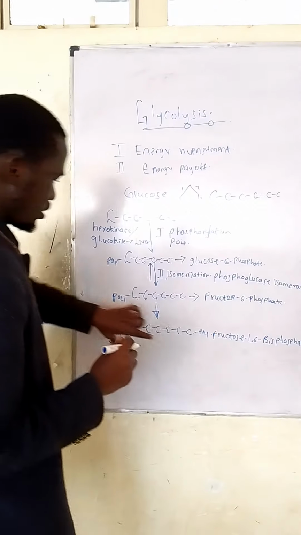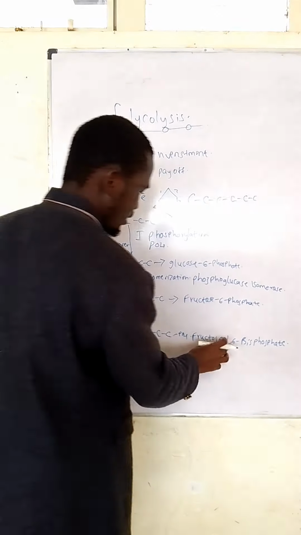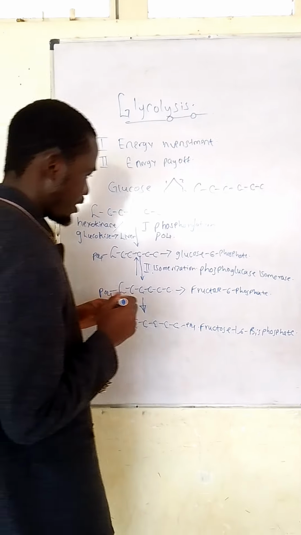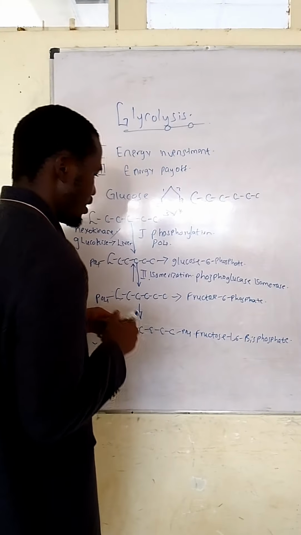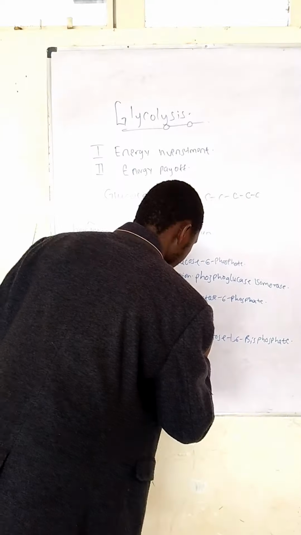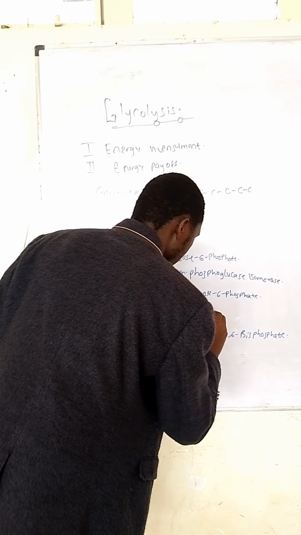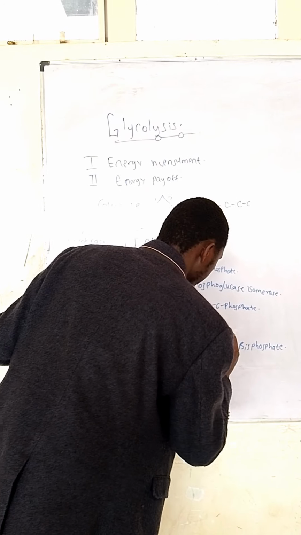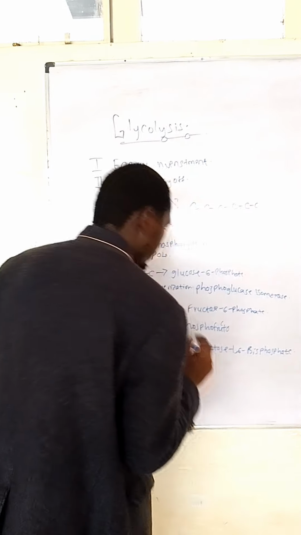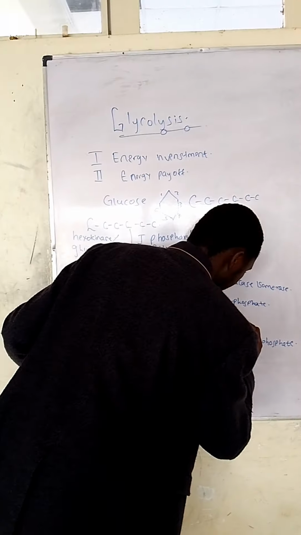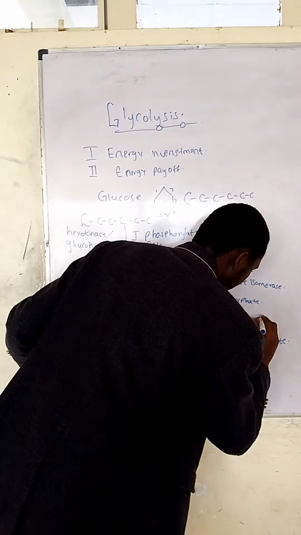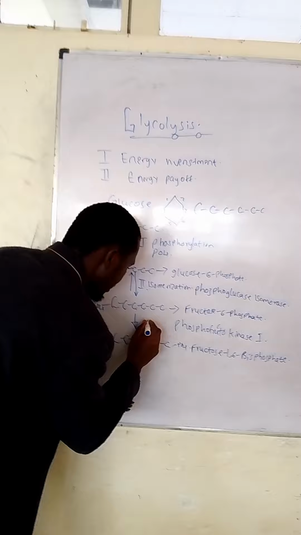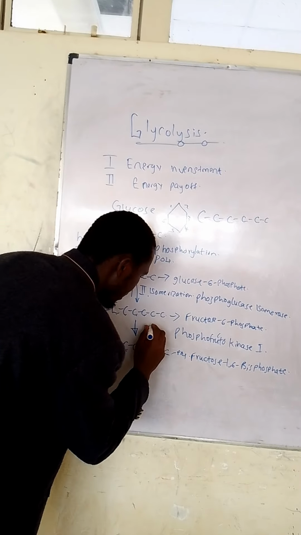Now the name of this structure is fructose 1,6-bisphosphate. And the enzyme facilitating this process is called phosphofructokinase 1.